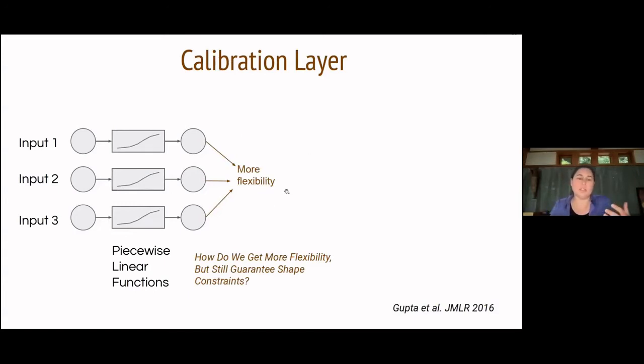So just like deep neural networks have many layers, we're going to think about this as a simple calibration layer, and then more flexibility in our later layers that's going to fuse our inputs jointly to get arbitrary flexibility. But if we didn't care about the shape constraints, we could just use DNNs. But if we want shape constraints, we need to somehow do that in a way that still imposes shape constraints like monotonicity. So there's a little bit of a trick there.